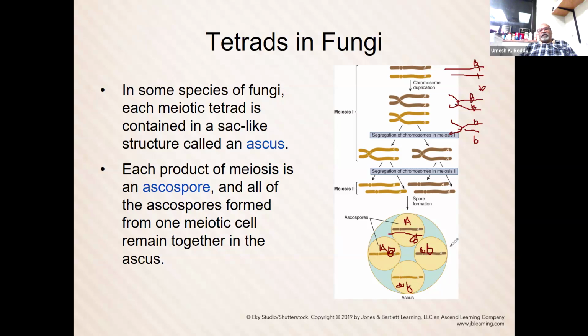So these are exactly like parents. One parent had capital A, capital B, another parent had small a, small b. So these are exactly like parents. Two are like this parent, two are like this parent. These are called parental ditypes, since they are looking exactly like parents.